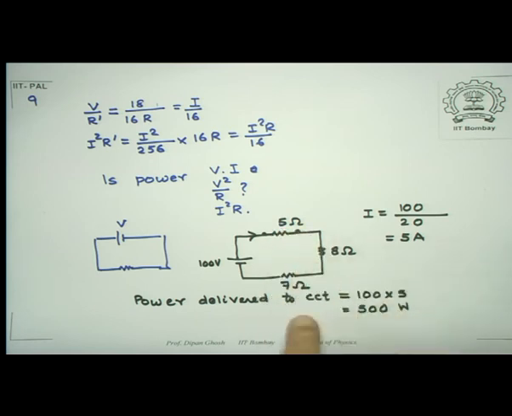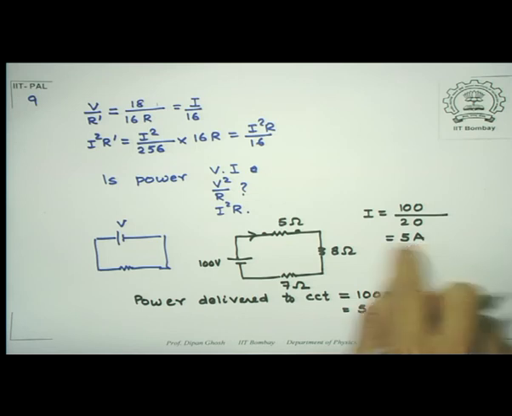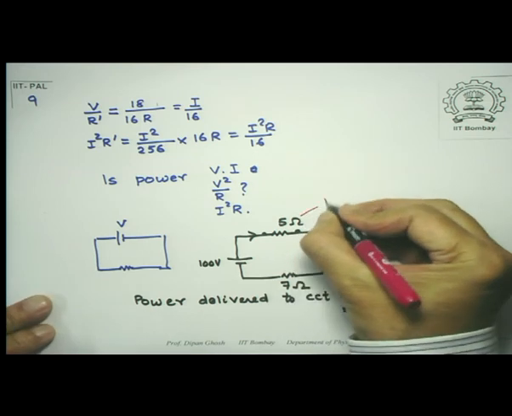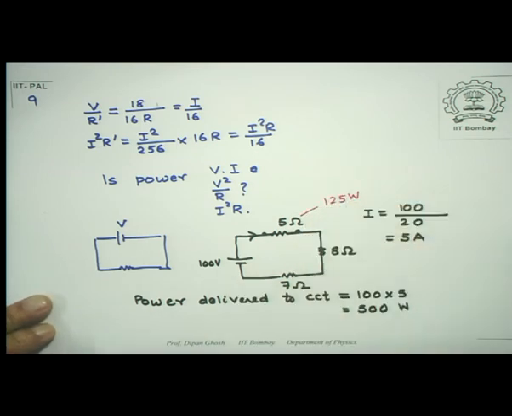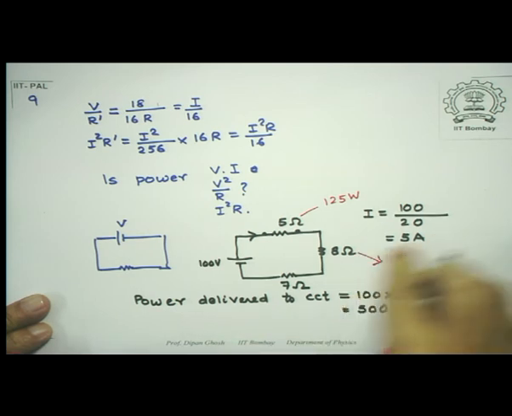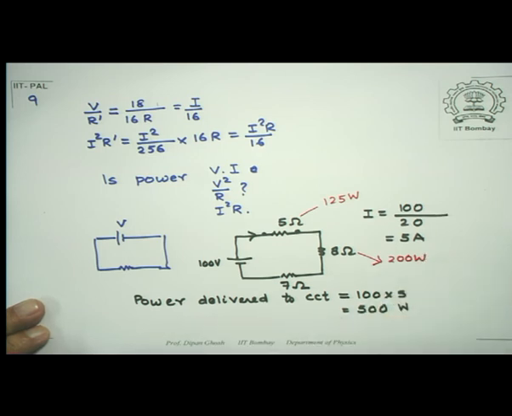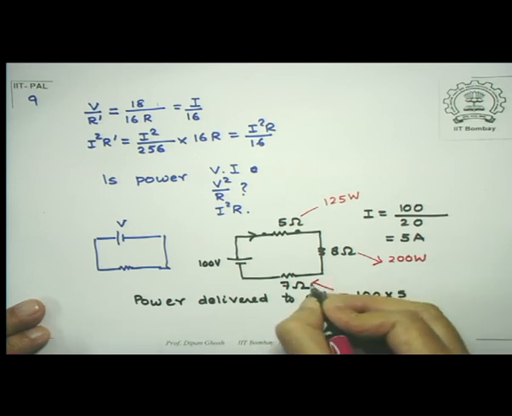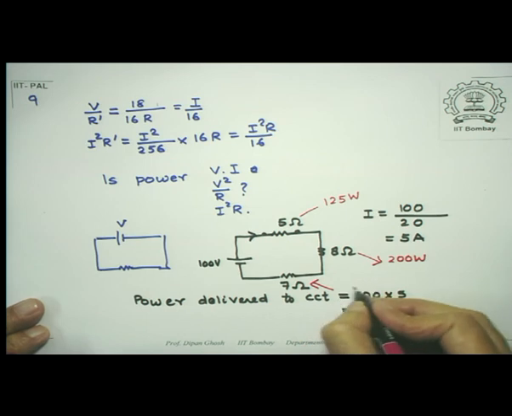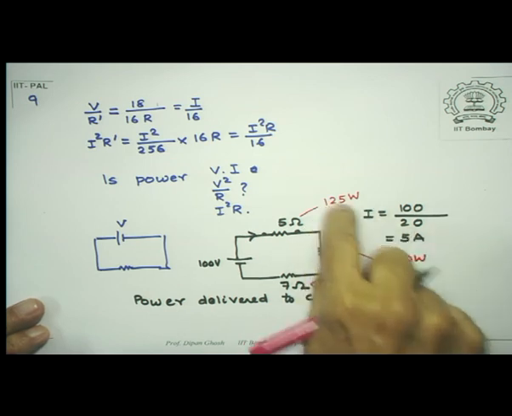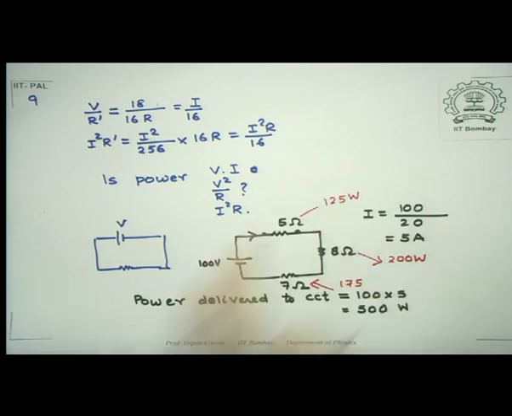The current is 5, so it is 5 square, which is 25 times 5. So this is giving out 125 watts. This one, 25 into 8, that's consuming 200 watts. This is 25 into 7, that's consuming 175 watts. If you do the arithmetic, you find this plus this plus this is 500 as expected.